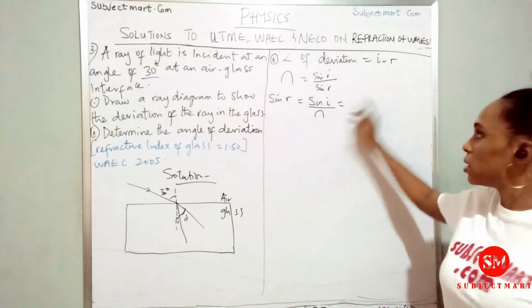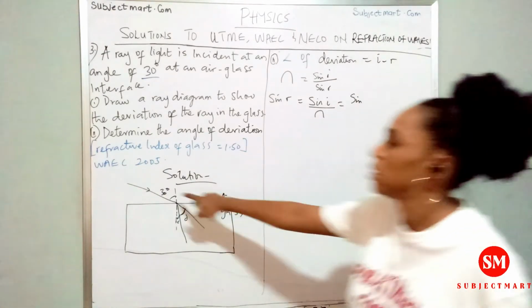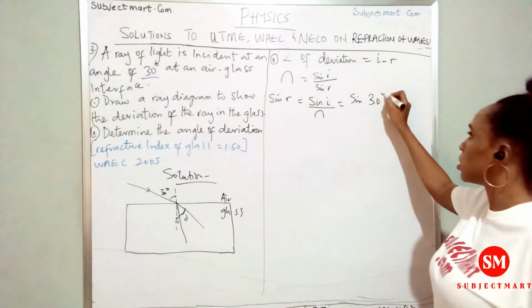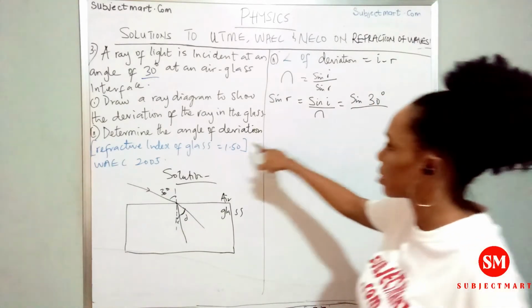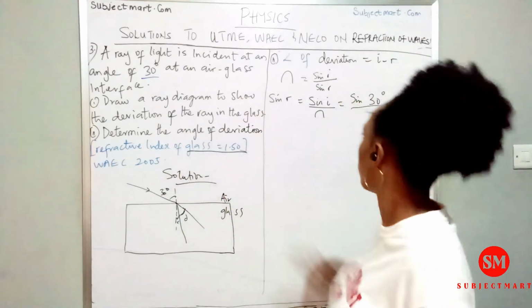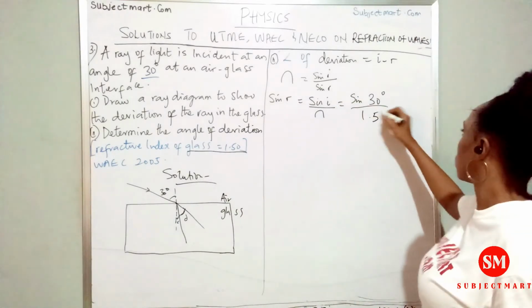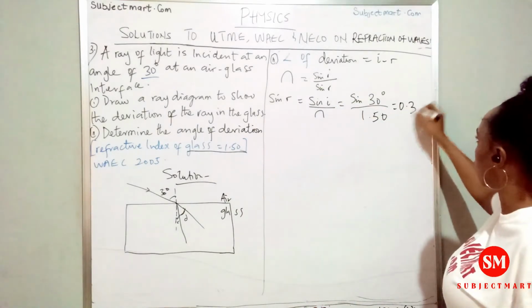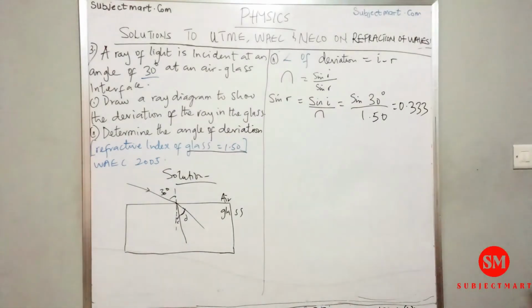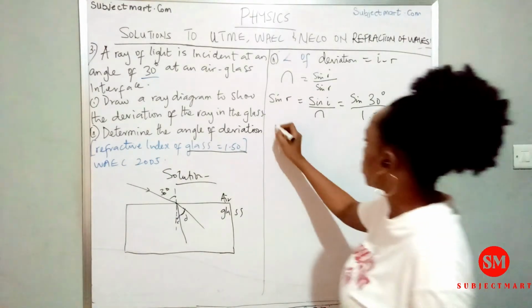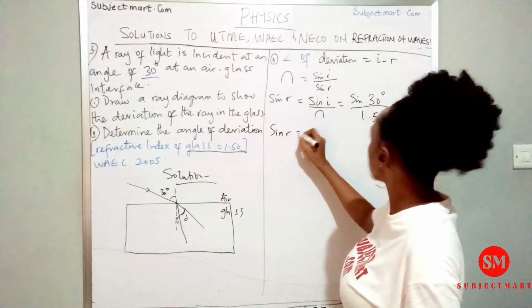So sine i, our i is the incidence, which is 30. The refractive index is given as 1.50. So if we calculate this, we have 0.333. So sine r is equal to 0.333.